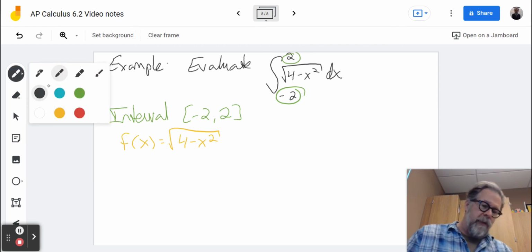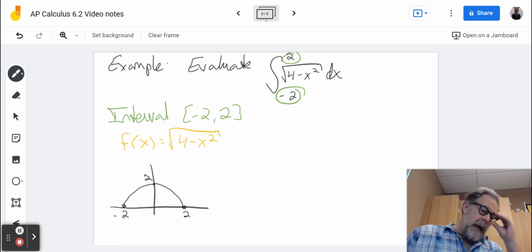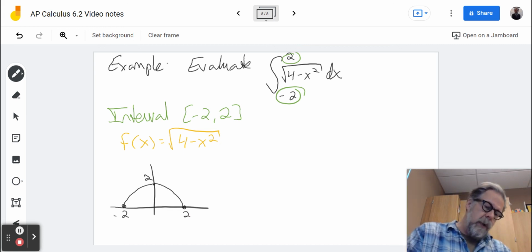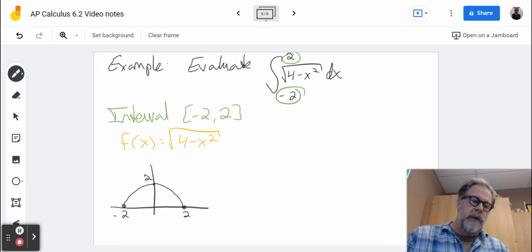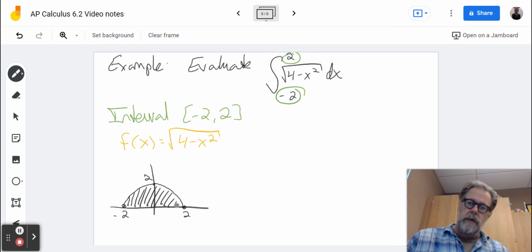What do we know about the function square root of 4 minus x squared? Well, I remember this being a semicircle of radius 2. So the integral from -2 to 2 of square root of 4 minus x squared dx is asking what's the area underneath that semicircle.